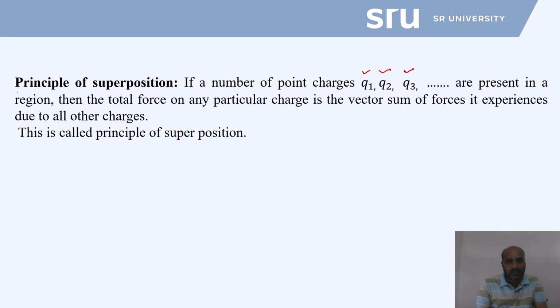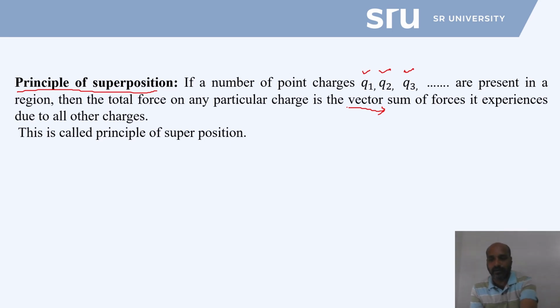The principle of superposition says that if the number of point charges is greater than 2, then the total force on a particular charge will be equal to the vector sum of forces. Here we are not saying a general sum, we are saying the vector sum. What does it mean? We need to consider not only the magnitude, but also the direction of the force. So that is the vector sum of the forces due to the other charges. This is the principle of superposition.